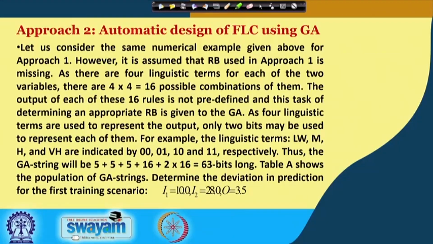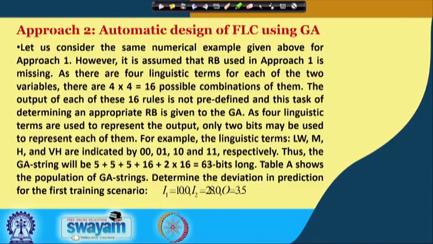Our aim is to design an optimal knowledge base of a fuzzy reasoning tool. In approach 1, which I have already discussed, the designer, based on his or her own experience of the problem to be modeled, designs the knowledge base, that is the rule base and database of the fuzzy reasoning tool.